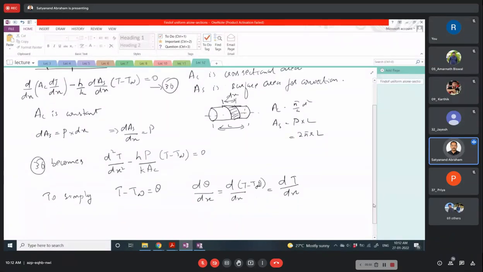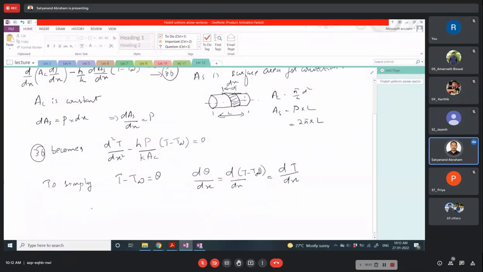Therefore the equation we can simplify to d square theta by dx square minus m square into theta is equal to 0, where m square is equal to hP by kAc.